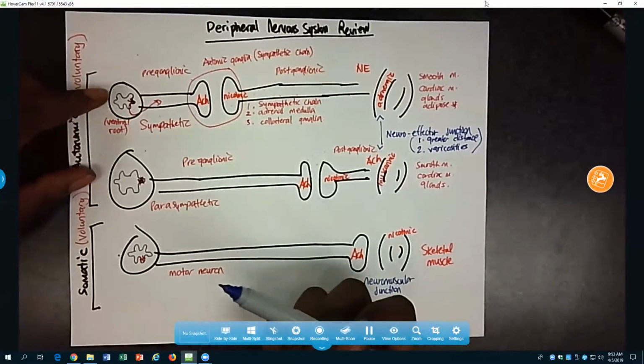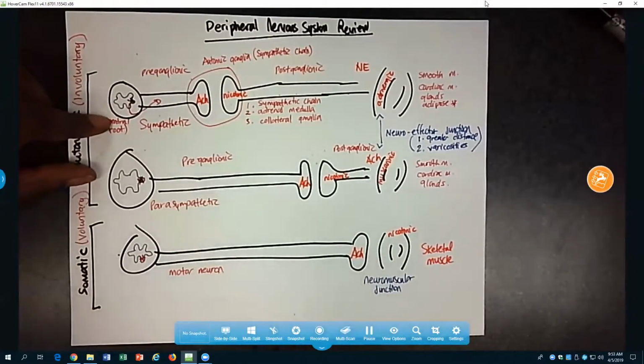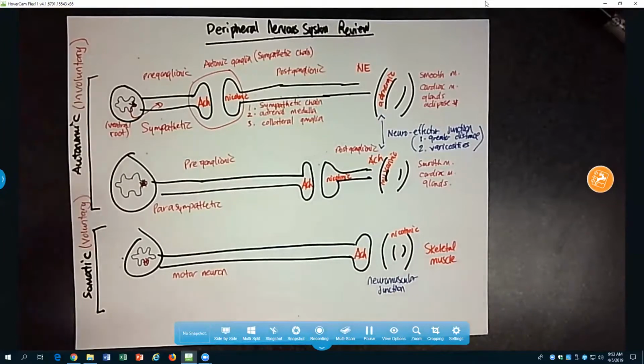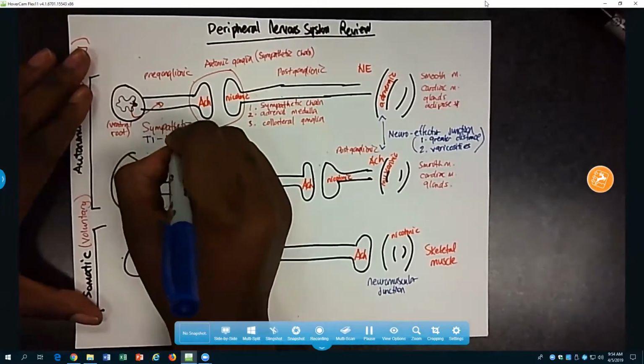What part of the spinal cord is responsible for sympathetic output? Is it craniosacral? Is it thoracolumbar? So this is going to be T1 to L2, right?